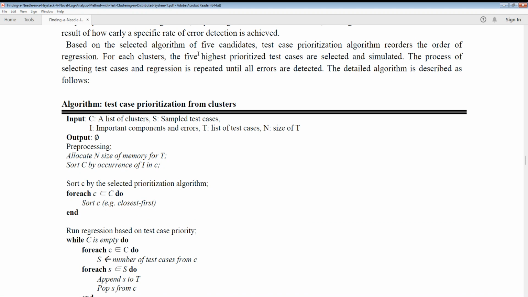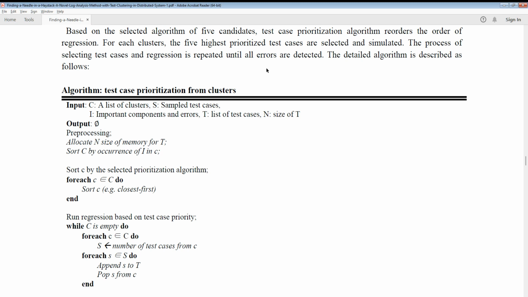For each cluster, the five highest prioritized test cases are selected and simulated. The process of selecting the test cases and running regression is repeated until all errors are detected. The detailed algorithm is described as follows.